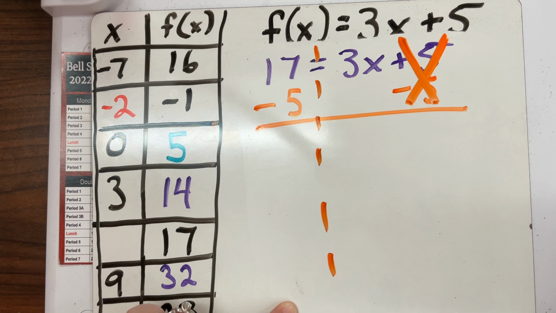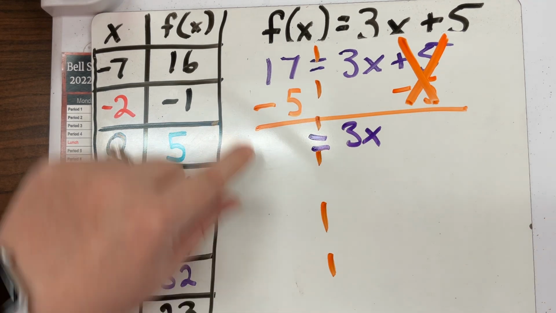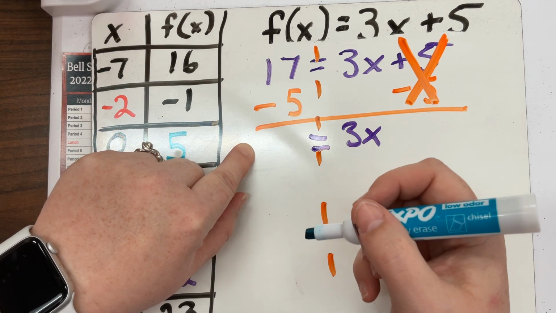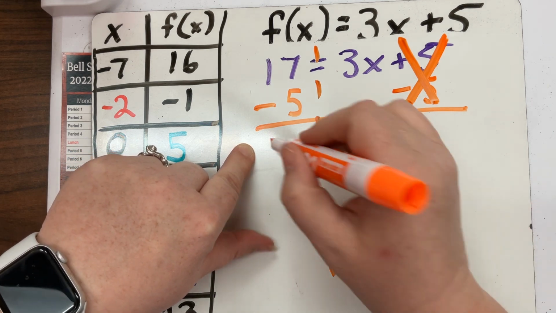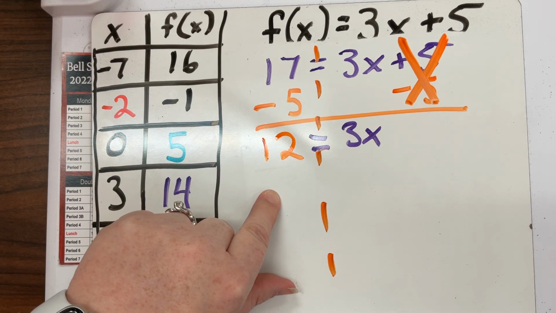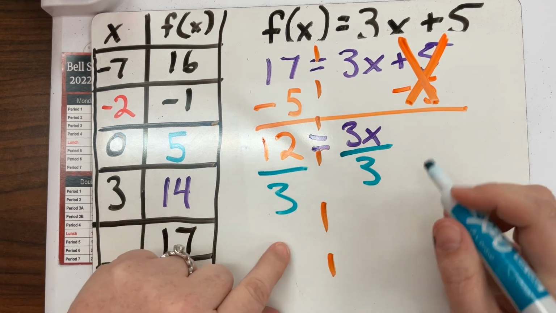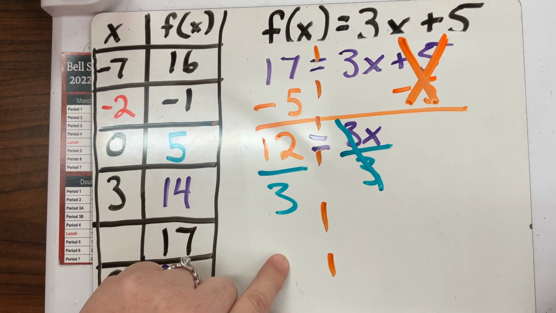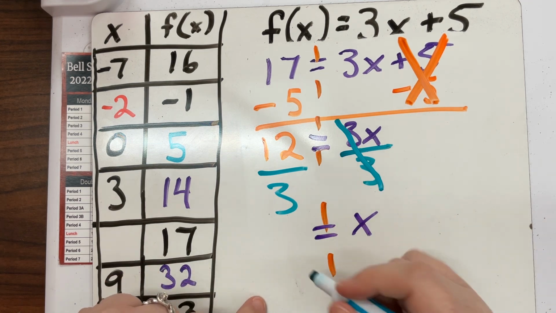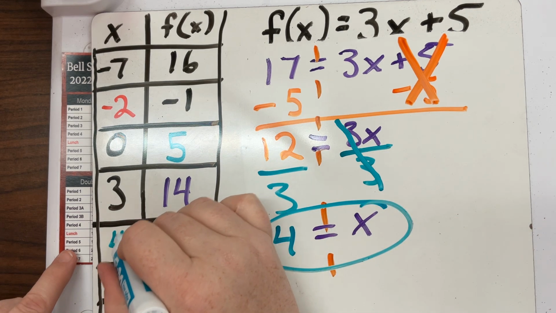What's left? 3x equals 17 minus 5 is, what is that? 12. 12 equals 3x. Last one, we're going to divide by 3. Divide by 3. That leaves us with x equals 4. There we go. And that goes right here.